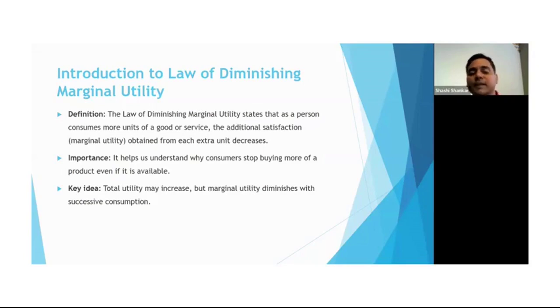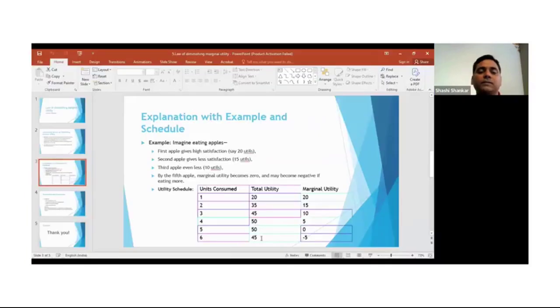After a certain extent, even though they are consuming one more extra unit, their marginal utility definitely starts diminishing. So the diminishing marginal utility concept helps us understand why consumers stop buying more of a product, even if it is available in the market.